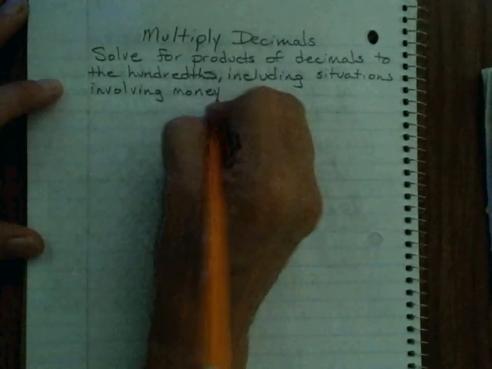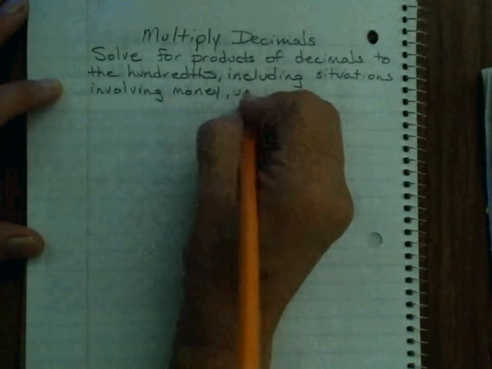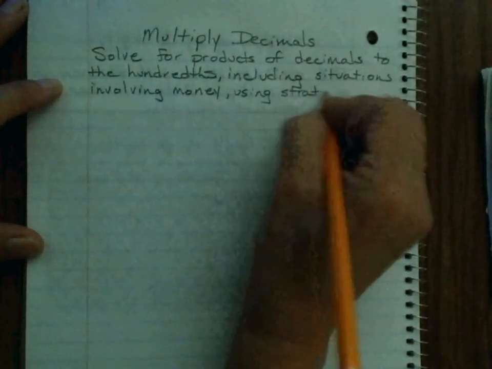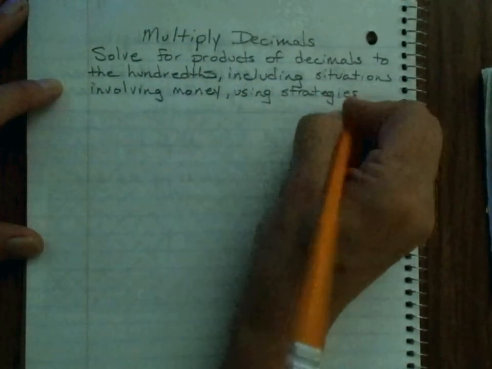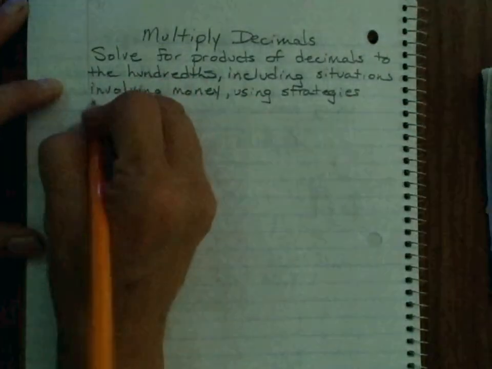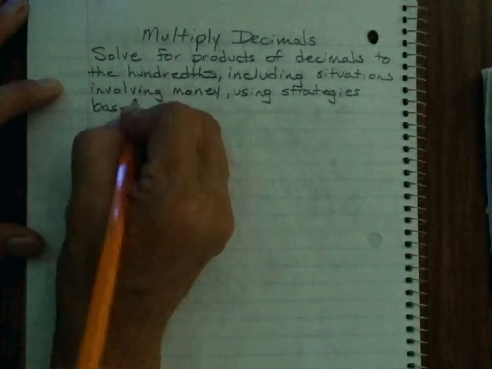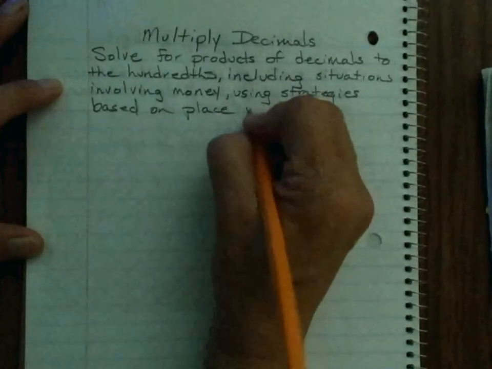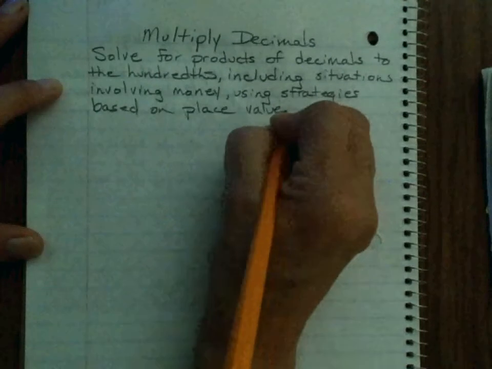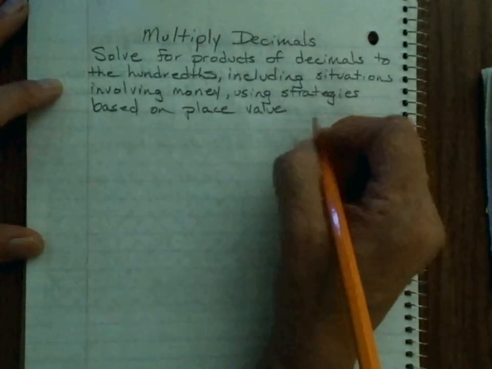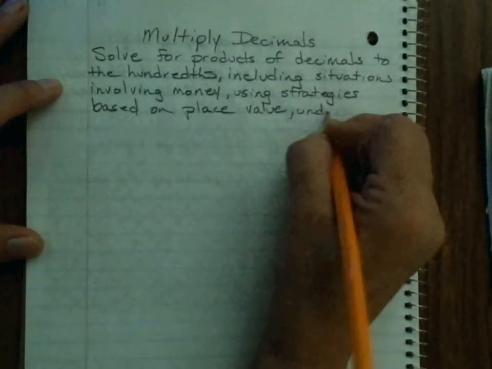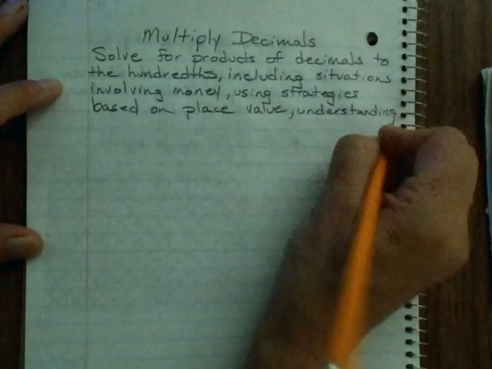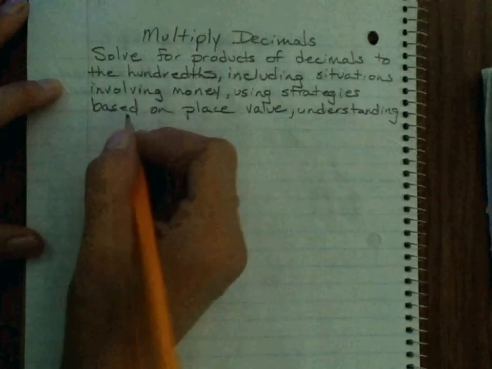Using strategies based on place value, understanding properties of operations. This is a long TEK, huh?